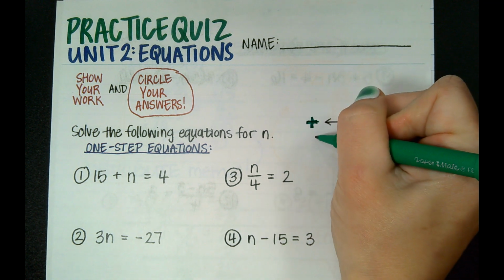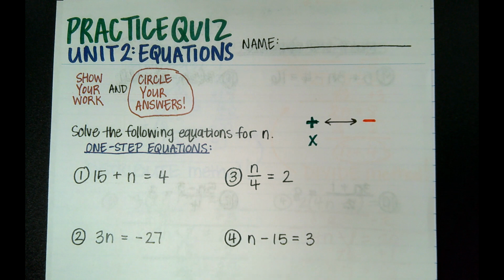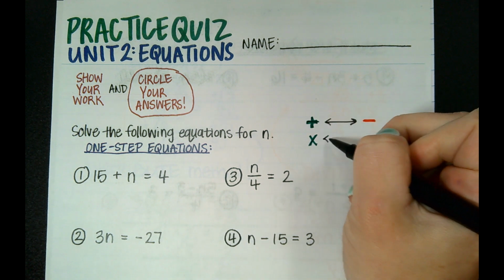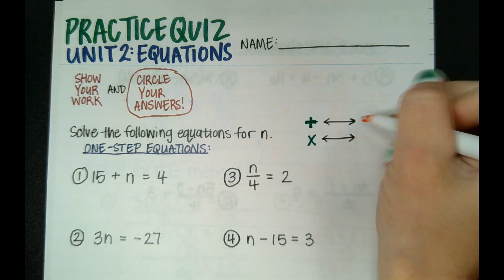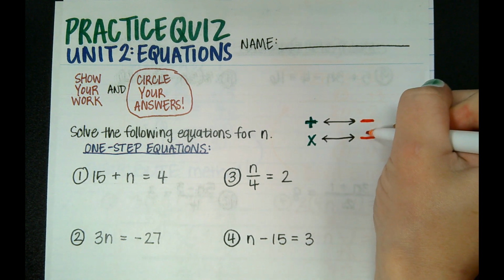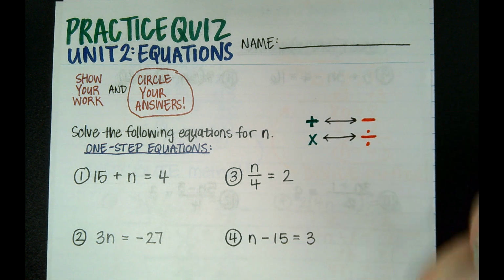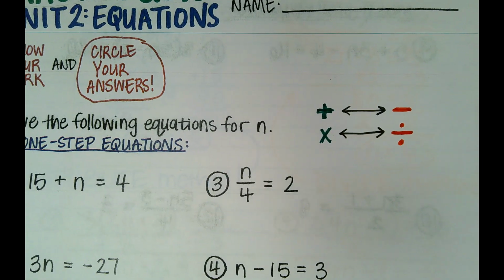Opposite of multiply is divide. And I also wrote it in this order because when we get to the two-step equations, this is the order that we will solve in. First, we want to get rid of addition and subtraction, then multiplication and division.